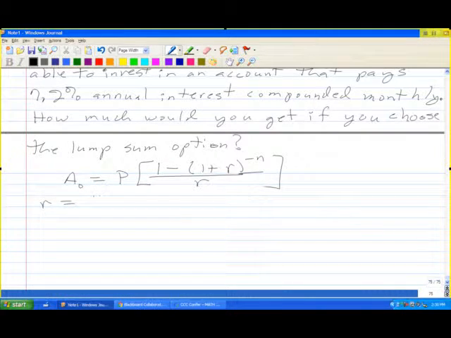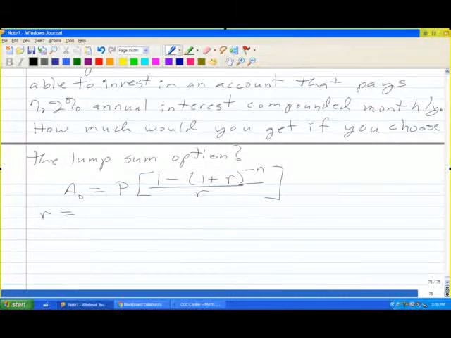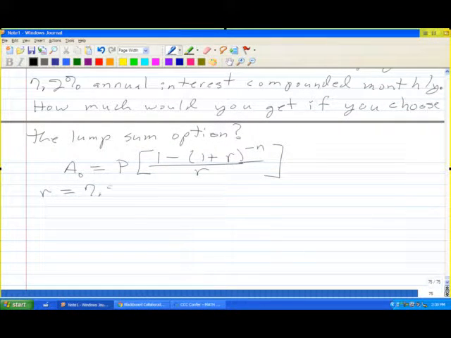So R is equal to 7.2% per year. So let's divide by 12. And then this will be per month.